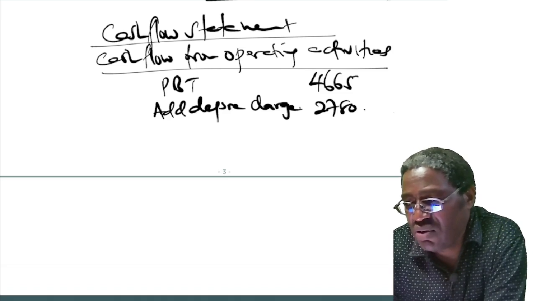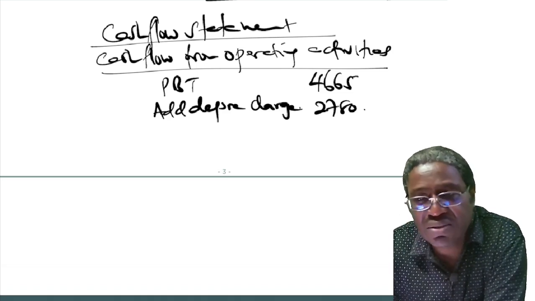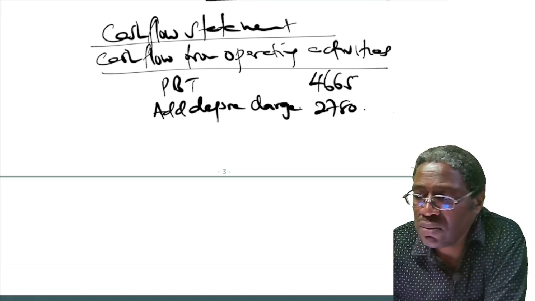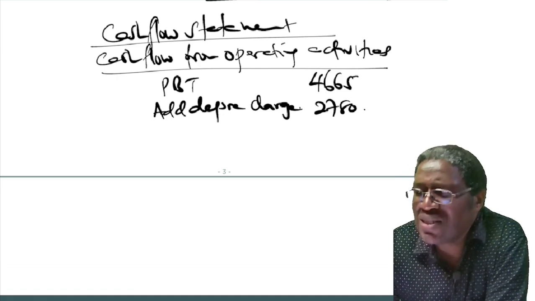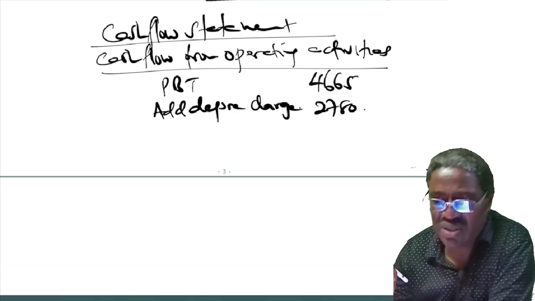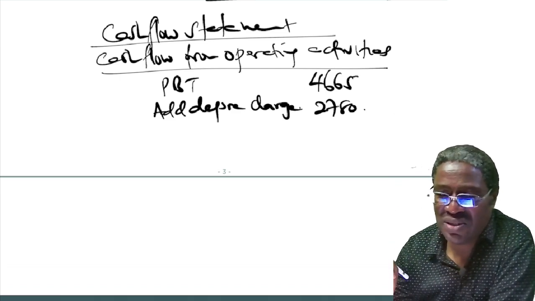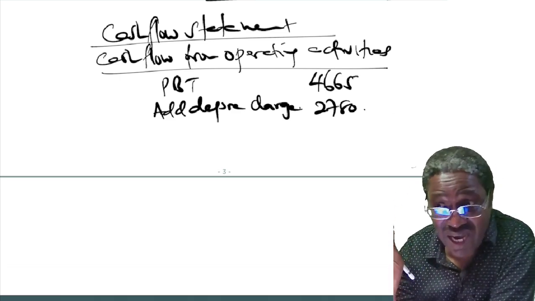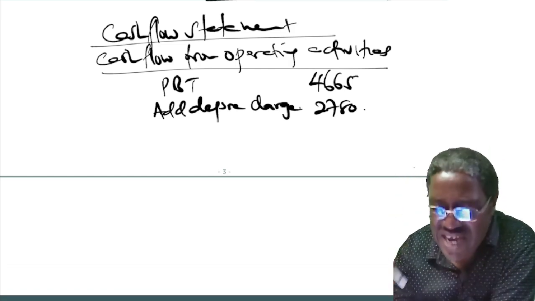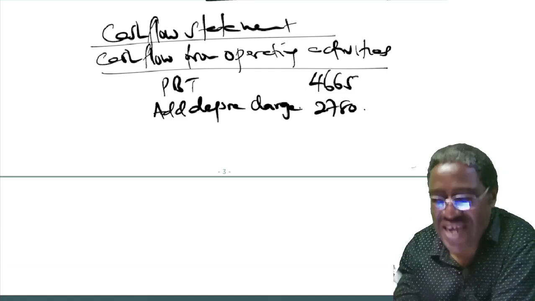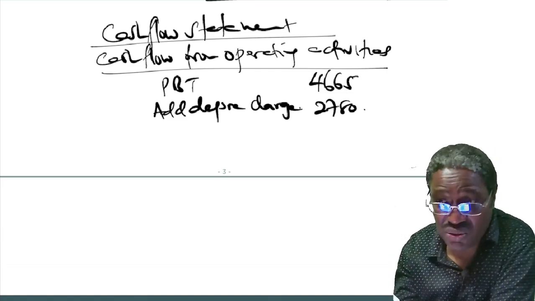My question is this now. Because this again is not something new, we said it in class. Among the non-cash items, 2 of the non-cash items will never miss in any question.